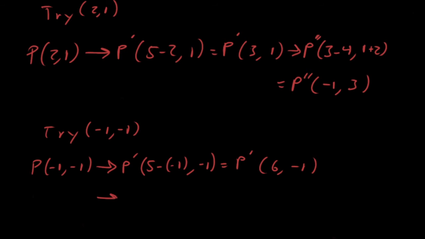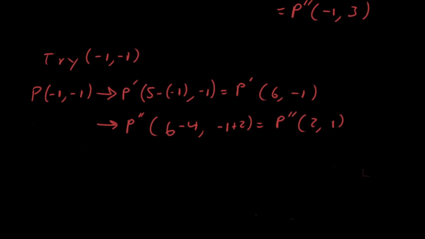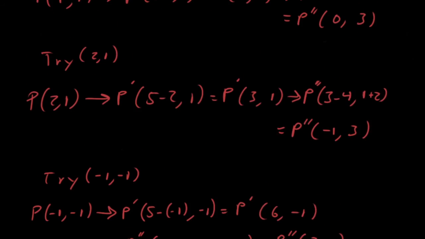And then we know that this goes to P double prime 6 minus 4, and then negative 1 plus 2, which is equal to P double prime 2, 1. All right, so let me see if I got the right formula. P 1 minus x, and then y plus 2. Let's see if that works for all of them.